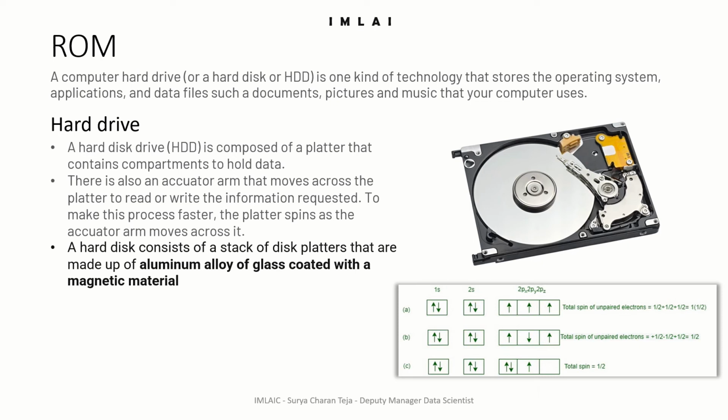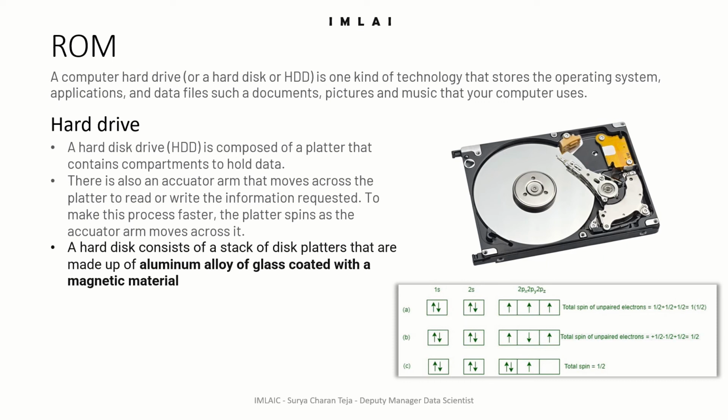Whereas if it is not completely filled, it is going to be a magnetic material. So it depends upon whether it is fully paired or unpaired. Based on that, the materials become magnetic, diamagnetic or paramagnetic.